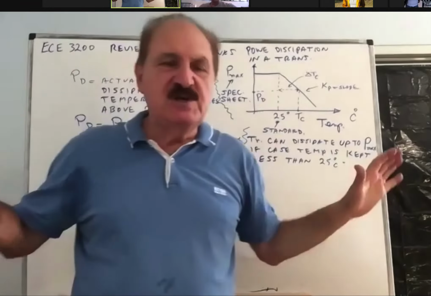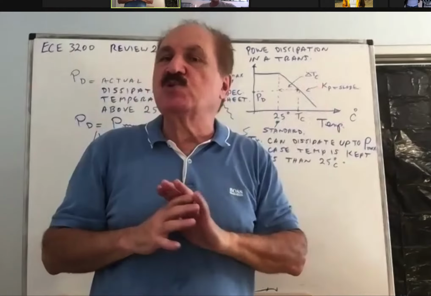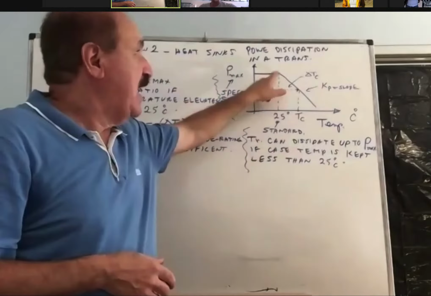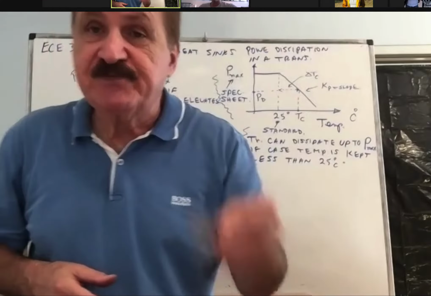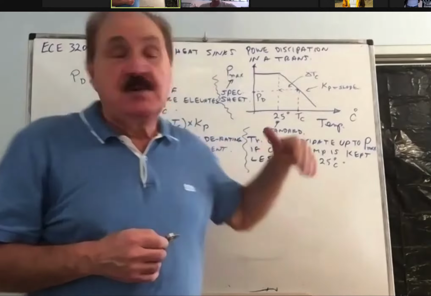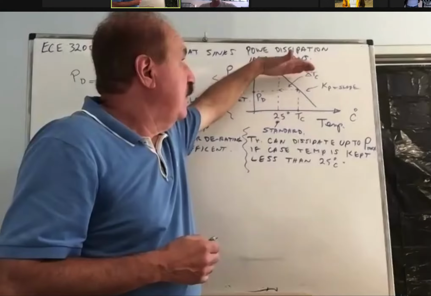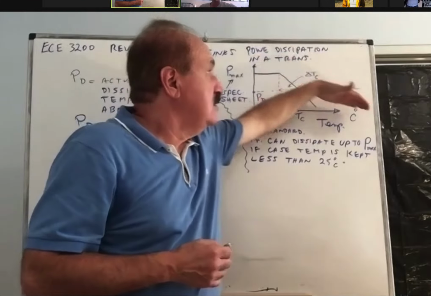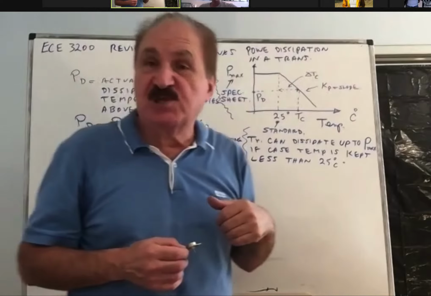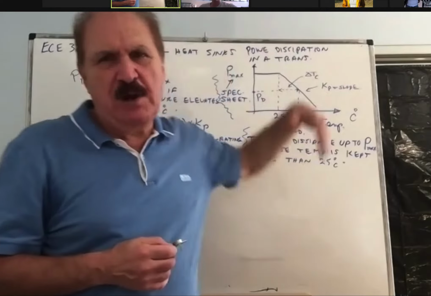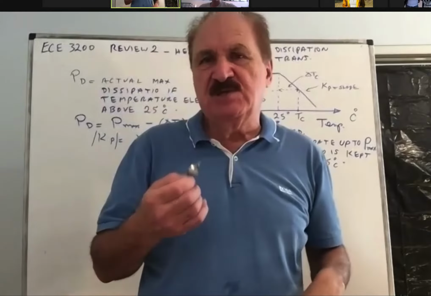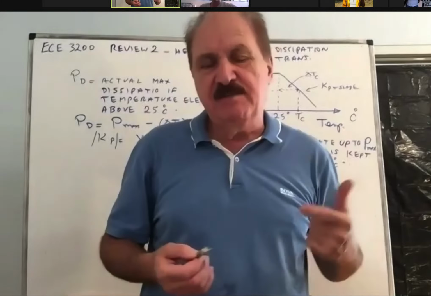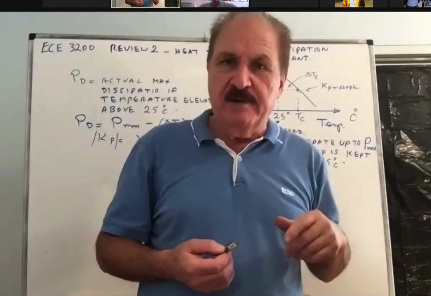A 10 watt transistor means 10 watt is good up to 25 degrees Celsius. But past that point, you have to see how good that transistor is. Some will have a very small Kp, the derating coefficient. Some will be larger. In other words, some will lose the ability to dissipate very rapidly with rising temperature. Some will sustain longer.